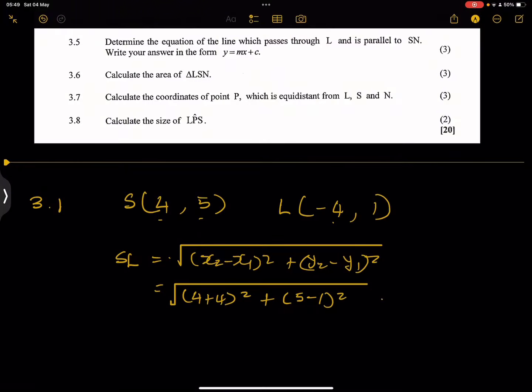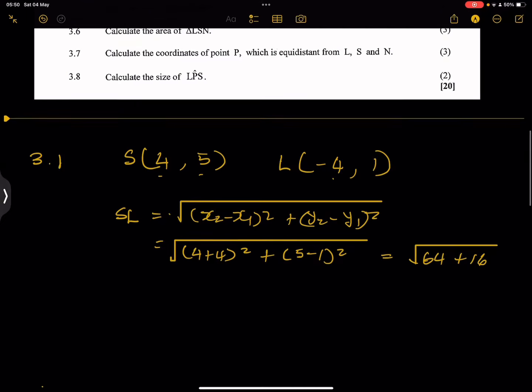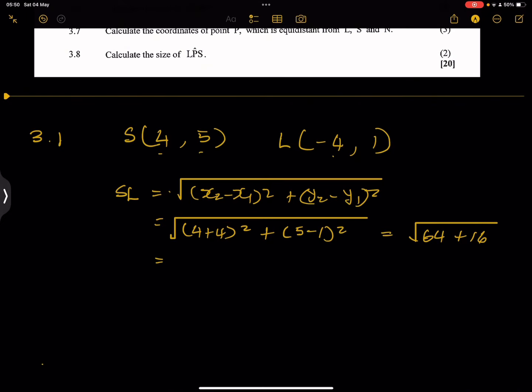This gives us 8 squared, which is 64, plus 5 minus 1 all squared, that's 4 squared, which gives us 16. And this will give us the square root of 80.